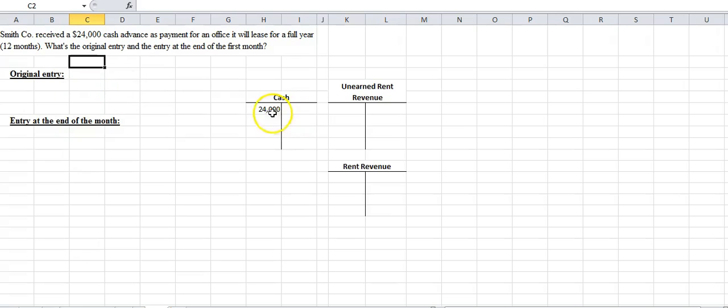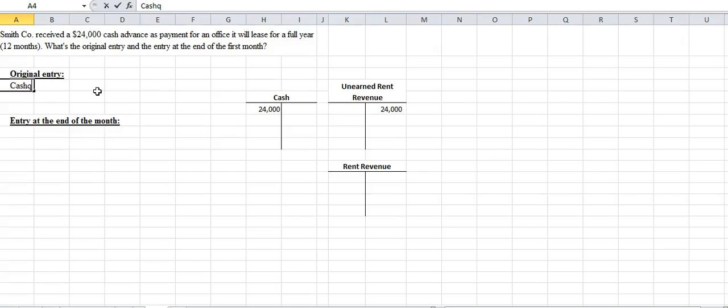So you're going to earn $2,000 a month, but you haven't earned it yet. So the original entry, you got cash and you have a liability. Unearned rent revenue is a liability. Why is it a liability? Because I owe this customer $24,000. I could either give it to the customer back in cash, or I could give it to the customer back in whatever I promised them, product or service, okay? So the original entry would be something like this.